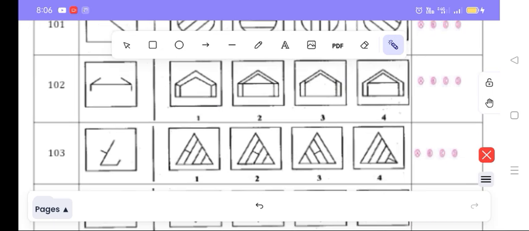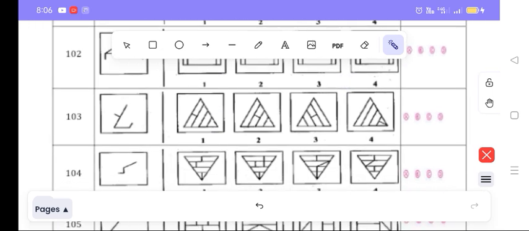Question number 103. In 103, you can see a slant line, vertical line, small slant line, and one more small line on the big line. See here, I think you can choose it: slant line, horizontal line, one more slant line, and small line. A may be the answer. Let us keep it.